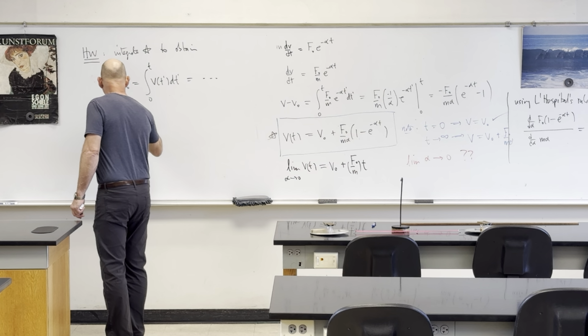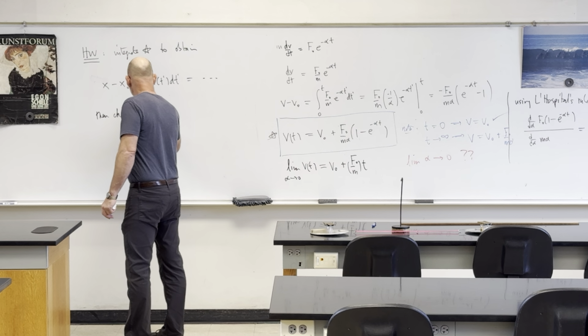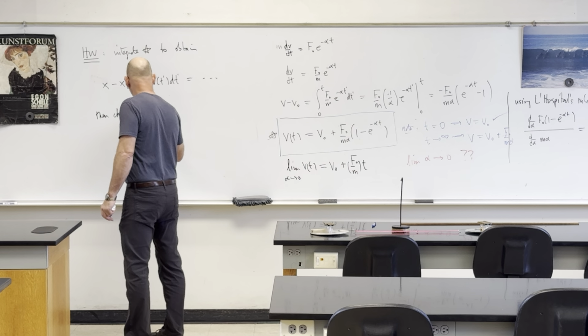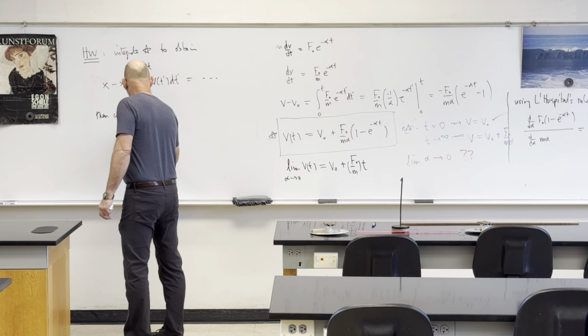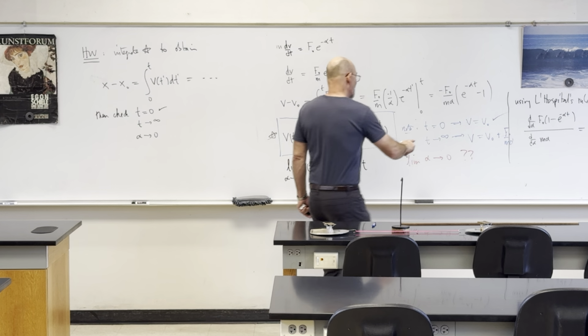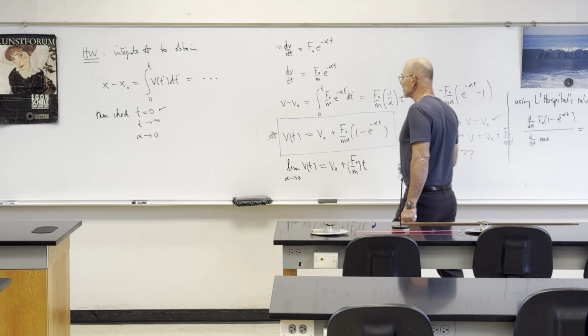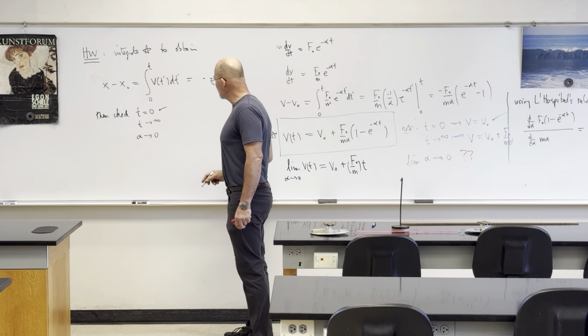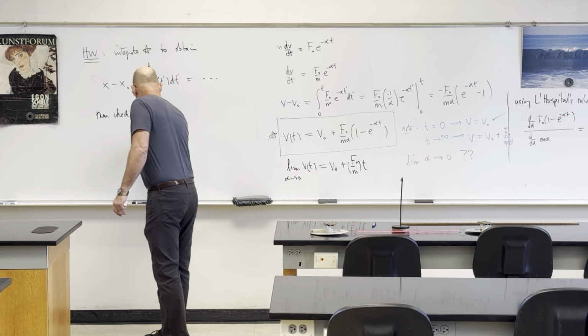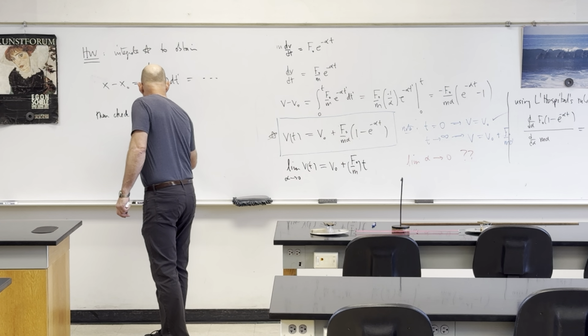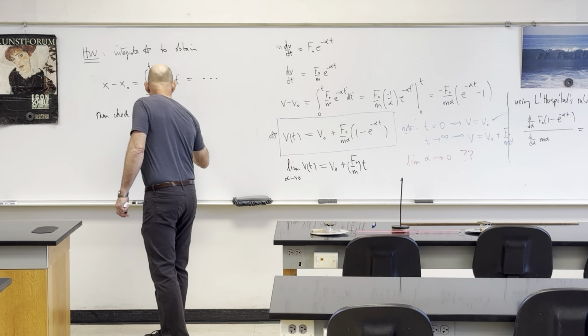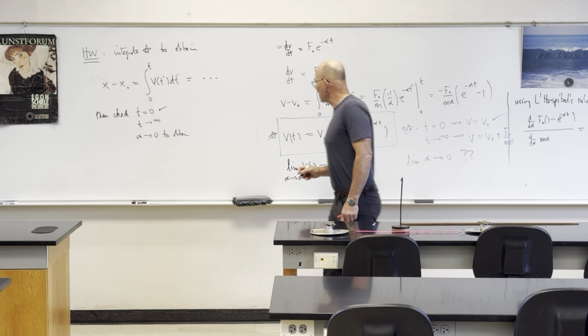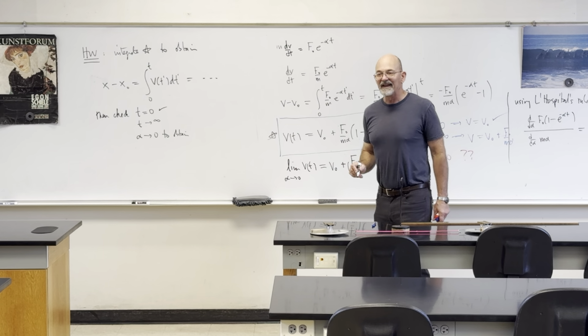Integrate to obtain whatever you get over here. Then check t equals 0, t goes to infinity, and alpha goes to 0, just as we did right here, using L'Hopital or expansion. When you check alpha goes to 0, this one should come out as the answer.